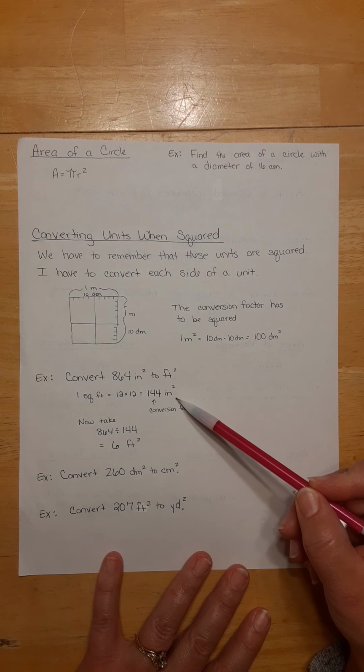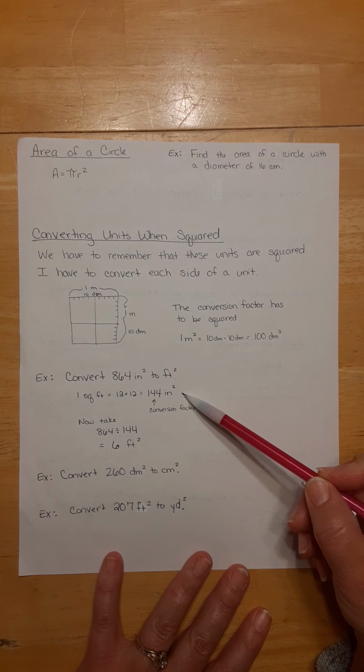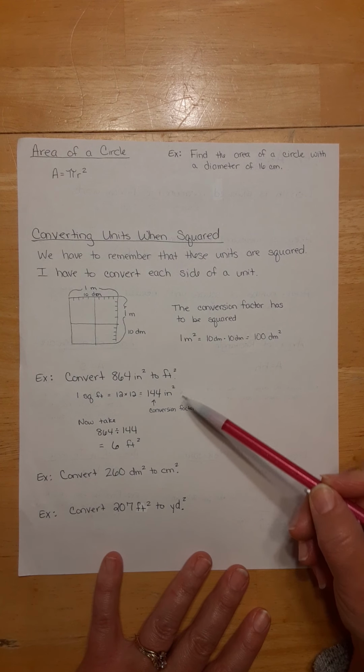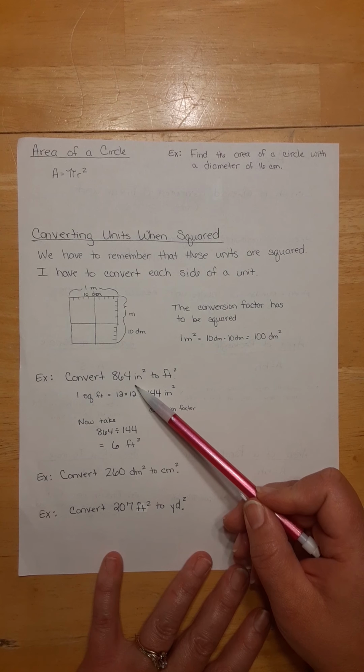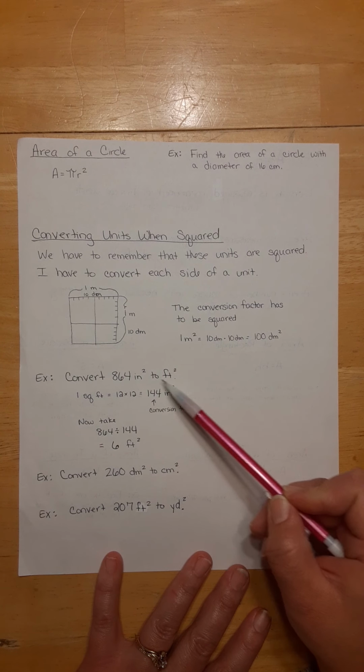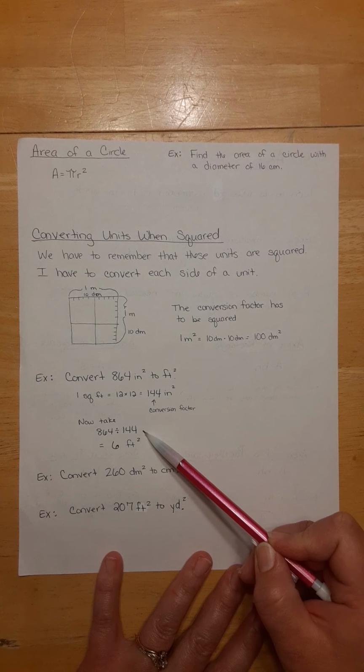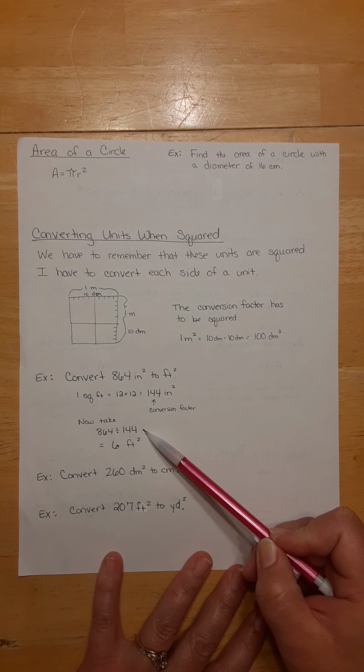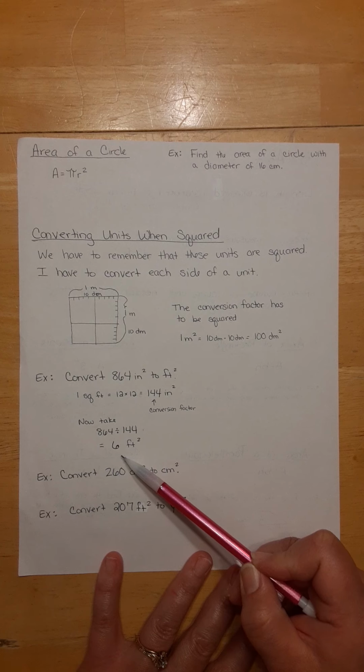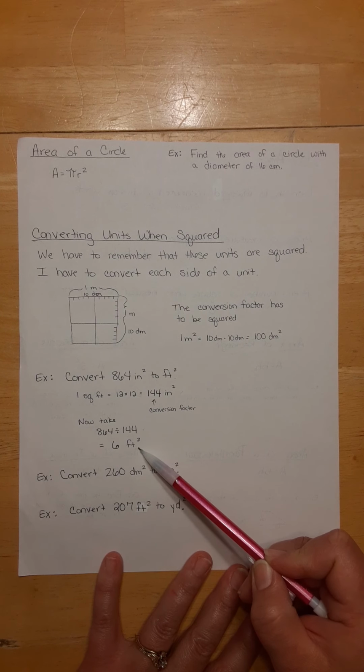And so my conversion factor is really going to be 12 times 12, which is 144. So now that I got my conversion unit, now I can go ahead and finish my problem. We're going from something small to big, so I need to divide. So I'm going to take that 864 inches squared, and I'm going to divide that now by my conversion factor of 144. And so now I have 6 feet squared.